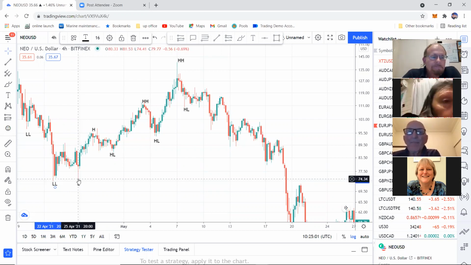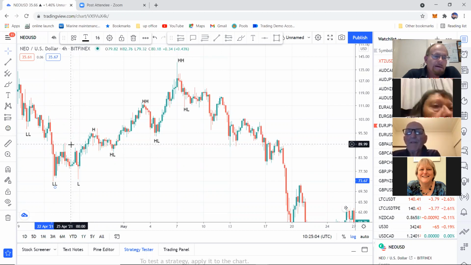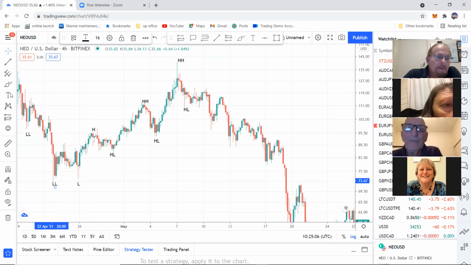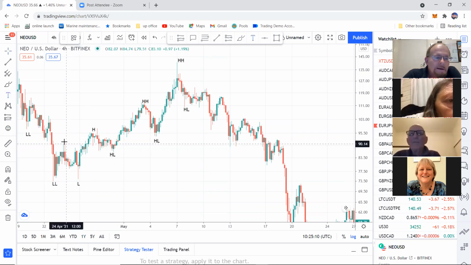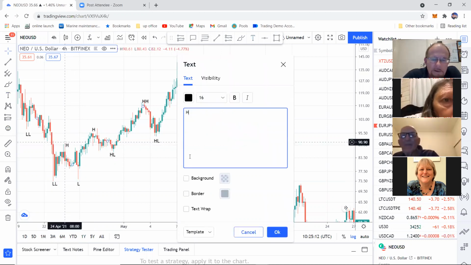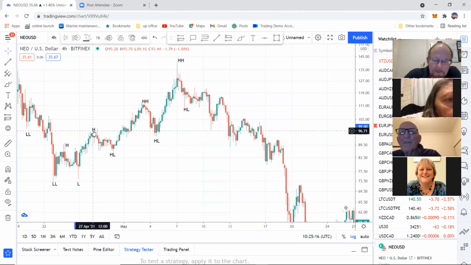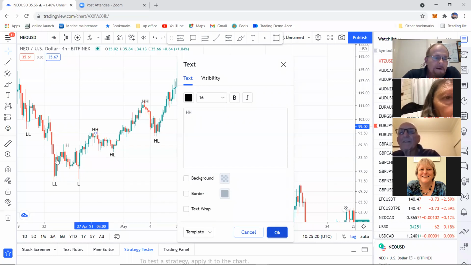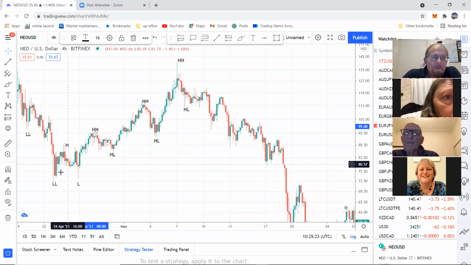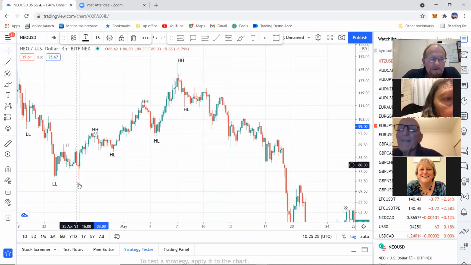And then, so right here, I've got to label this one. That one would be a high. So I better call that one a higher high. All right, so we've got the lower low, and then all of a sudden we've just got a similar leveled low.